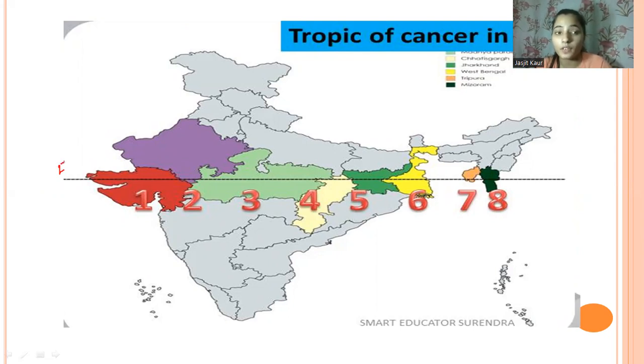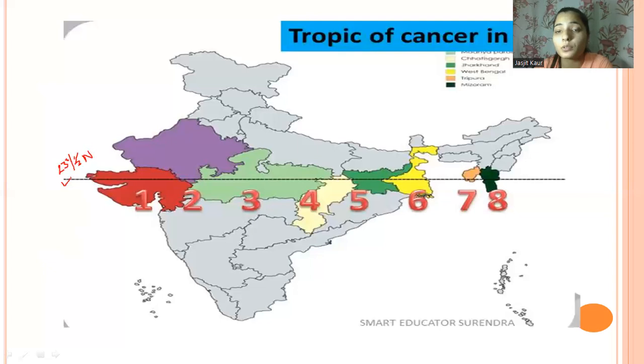So the Tropic of Cancer is 23 and a half north. It is located in the northern hemisphere. So the degree is 23 and a half. This is the Tropic of Cancer.